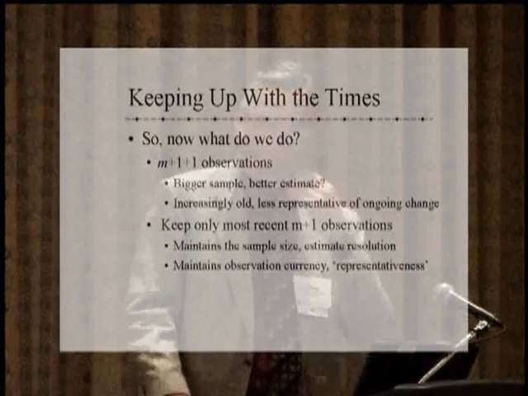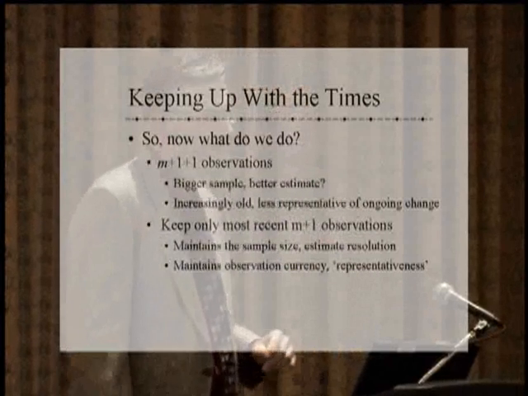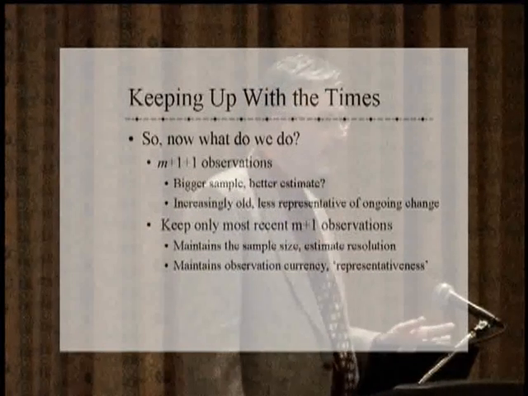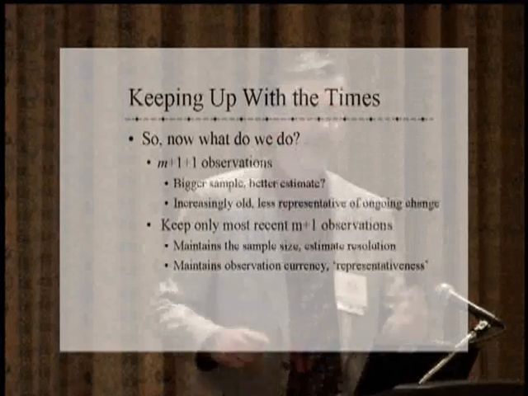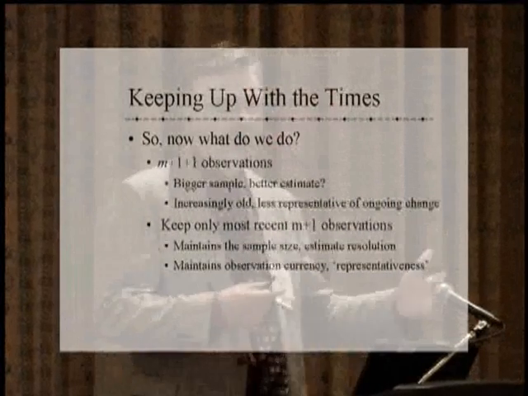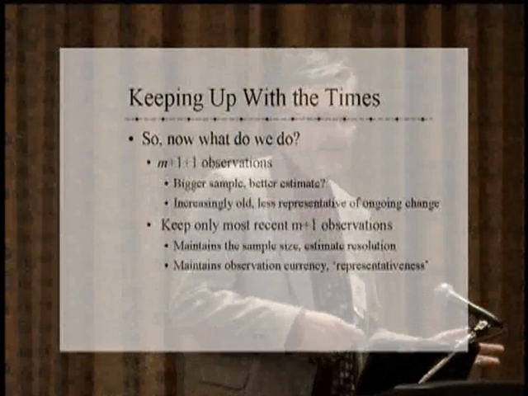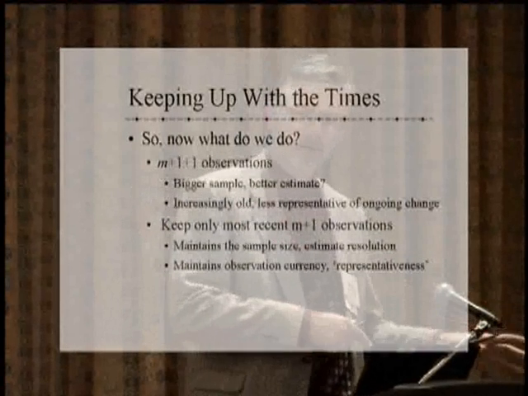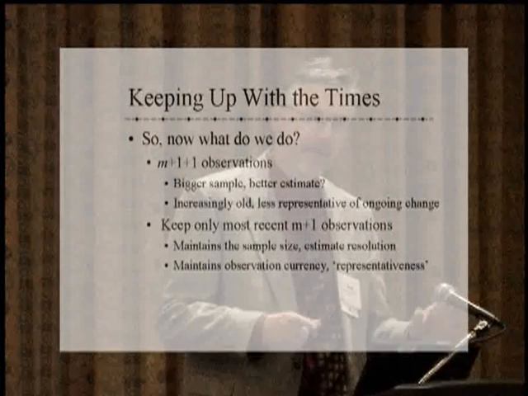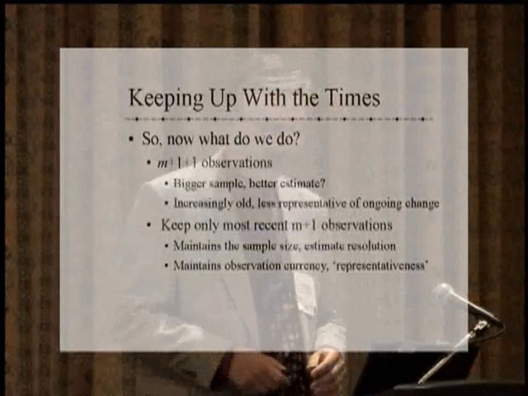Now we have a bit of an issue. We have n plus 1 observations. What do we do? You might argue that bigger samples give you better estimates, and so you should just keep accumulating all these responses. The downside of that is the bigger samples also have older responses, which may not be representative behavior, particularly if behavior changes along the differentiation.